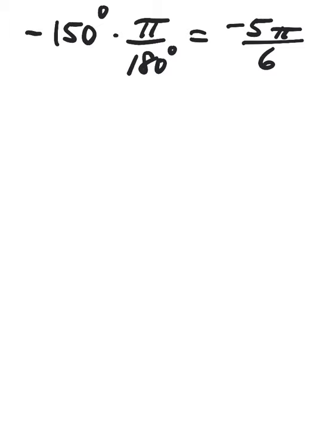Let's go the other way. Let's take 7 pi over 3 and convert that back to degrees. On the previous slide, to go from radians to degrees, you multiply by 180 over pi. It's just the reciprocal.